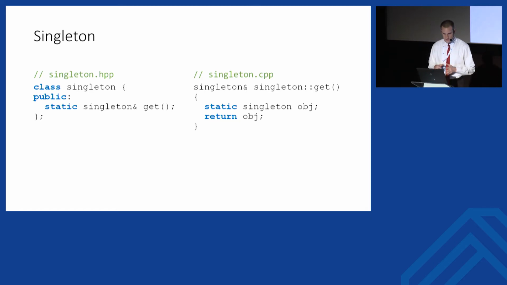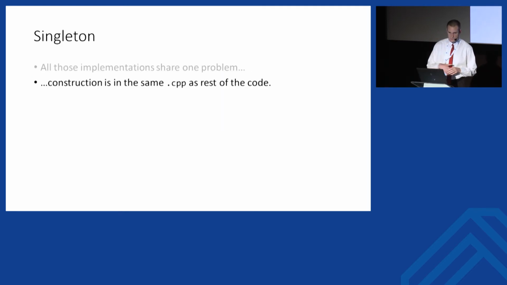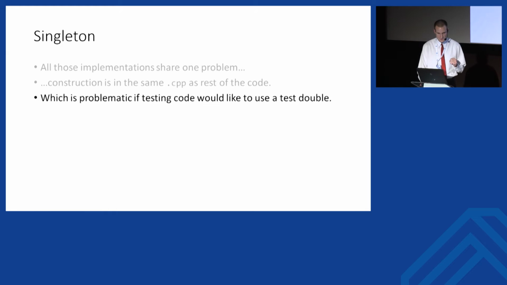All those three classic approaches share common problems. Mostly, the most important problem from our point of view in this lecture is that the instance creation, construction, however we made it, is bound to the same source file as the rest of the code, which makes testing very hard because it's very difficult to use test doubles.